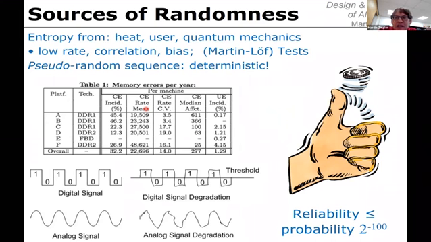And as an intermediate, in order to combine the best of both worlds, what one usually does is use a true random source from quantum mechanics, let's say, to extract the seed.